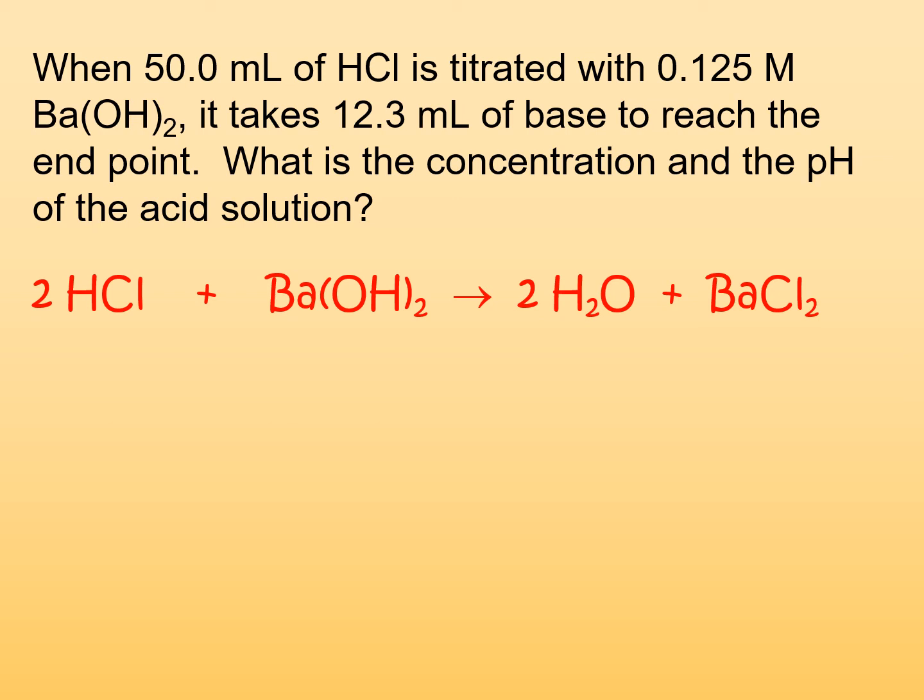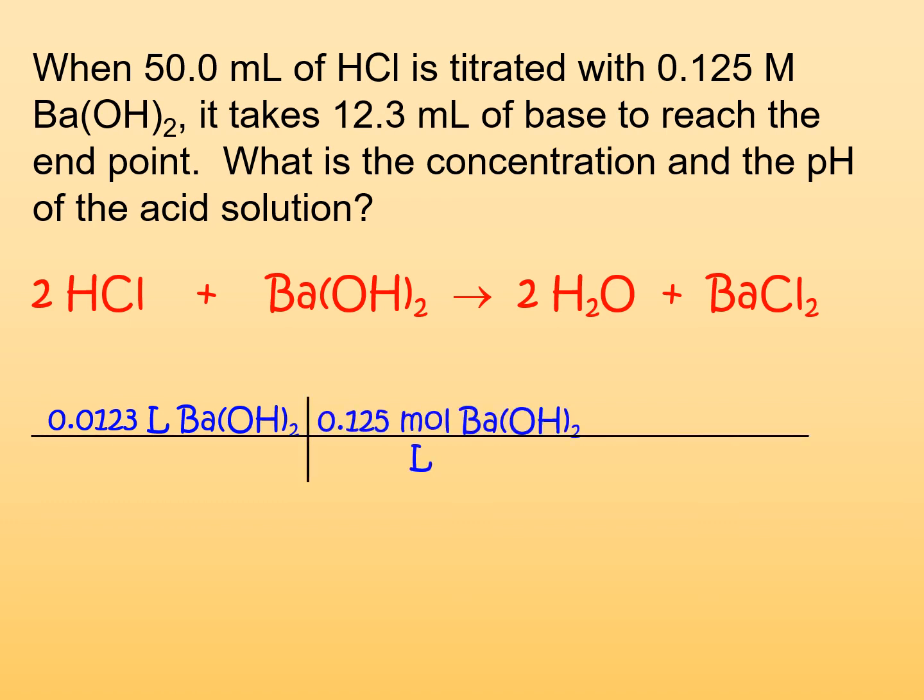So we're going to treat this the same. We have our balanced equation. The hydrochloric acid and barium hydroxide are in a 2-to-1 ratio. We're going to start with our volume of our known solution, which is our base. So the 12.3 milliliters is 0.0123 liters. Change into moles using our molarity. Then we need to use our mole ratio.